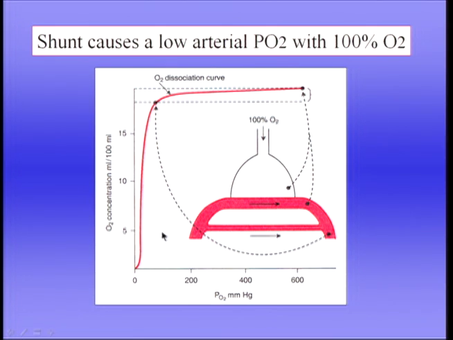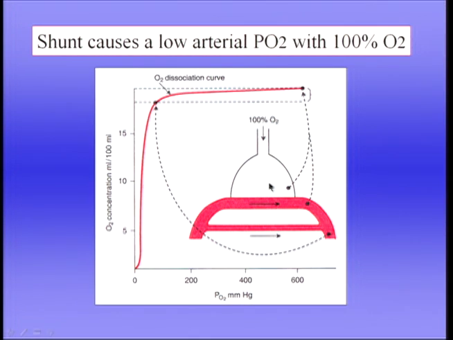Isn't that striking? With a relatively small shunt, this patient, if given 100% oxygen, shows an arterial PO2 which is way below what you would expect in the normal lung. And as I said before, it's only shunt, only that third cause of hypoxemia, that's responsible for this behavior.